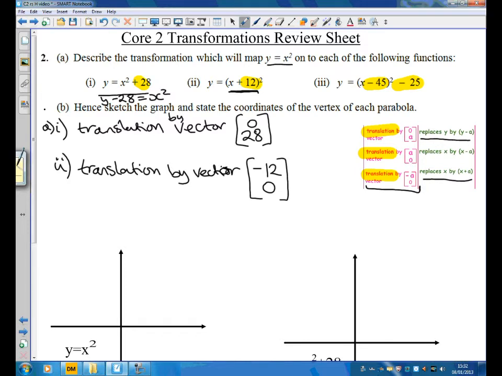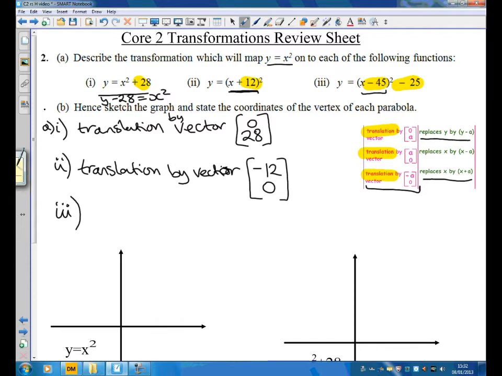And so the last one. Well, in the last one, the x has been replaced by x take away 45, and there's been 25, sorry, it's subtracted from the end of the equation.